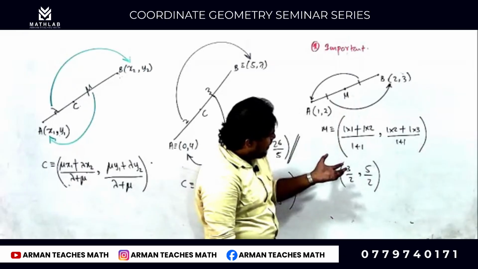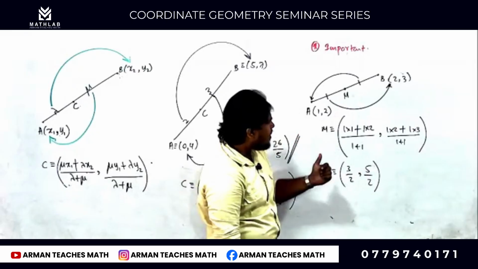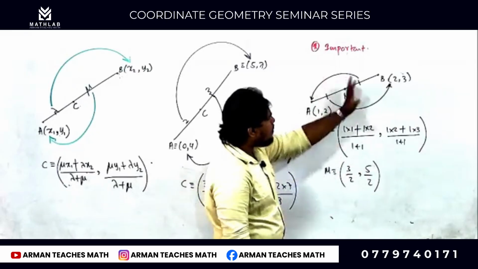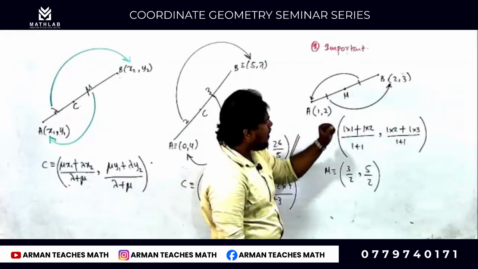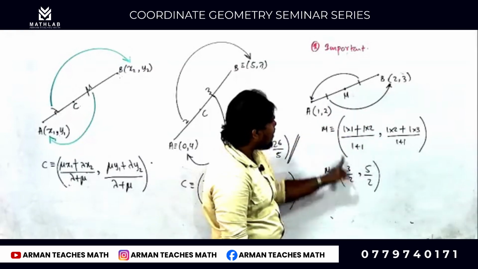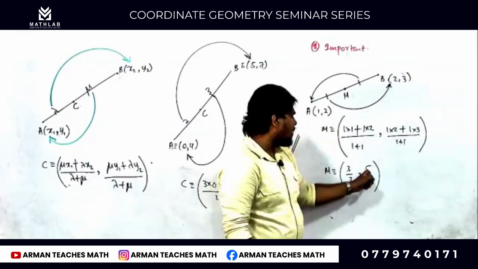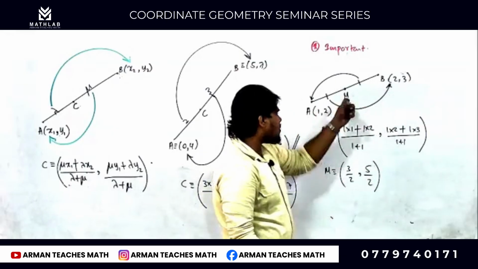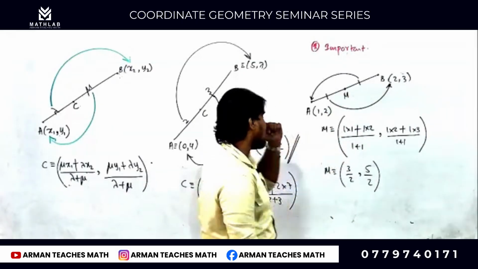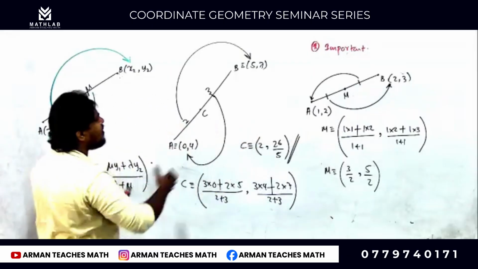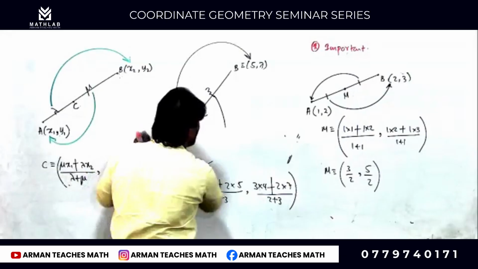If you need the coordinates of the midpoint of a line segment, we can get it easily. It comes from this pattern, but we don't have to apply the pattern like this. Directly add the x coordinates and divide by 2: 1 plus 2, 3 divided by 2. Add the y coordinates and divide by 2: 2 plus 3, 5 divided by 2. Since it is a midpoint, we get a special pattern.